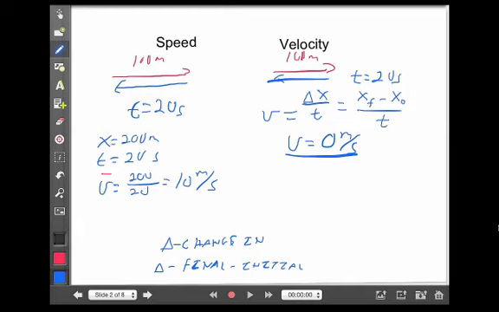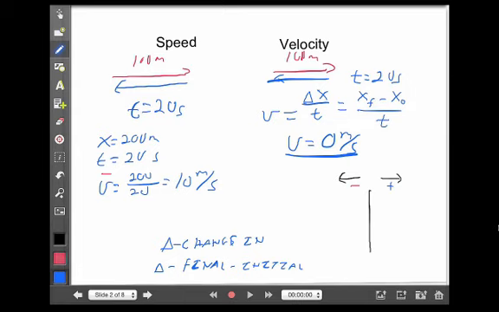Now, before, if we had a reference line and we said, if you're standing on this side of it, that's the negative side. If you're standing on the other side, that's the positive side. Okay? But velocity has to do with which direction you're actually traveling.